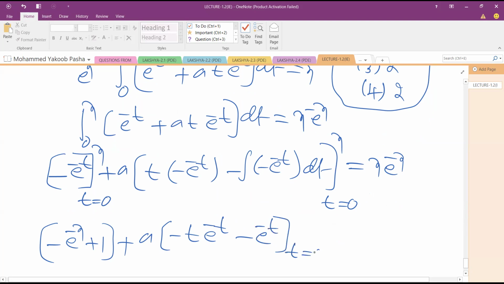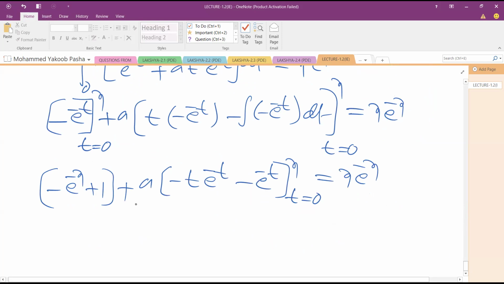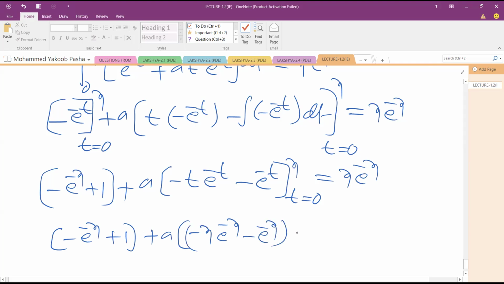The limits are 0 to x, that is equal to x into e power minus x. Now here minus e power minus x plus 1, plus a into, here minus x e power minus x minus e power minus x at the upper limit, minus the lower limit. The first term will be 0, the second term is 1. That is equal to x into e power minus x.